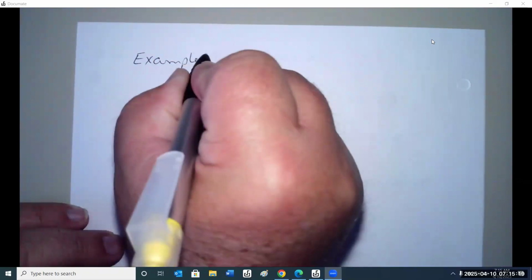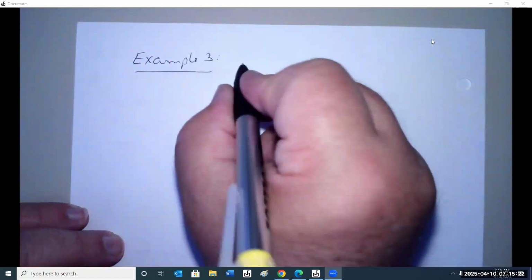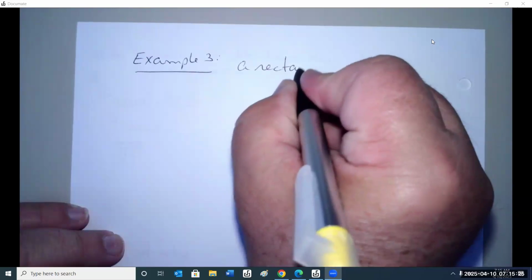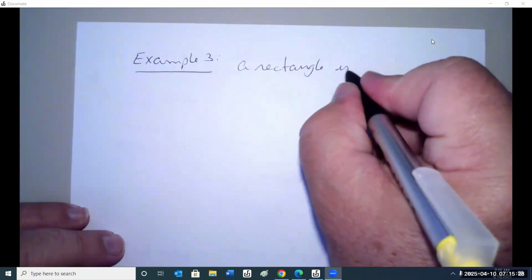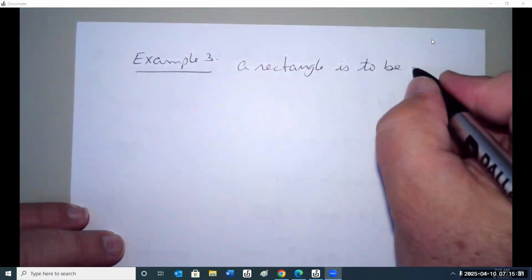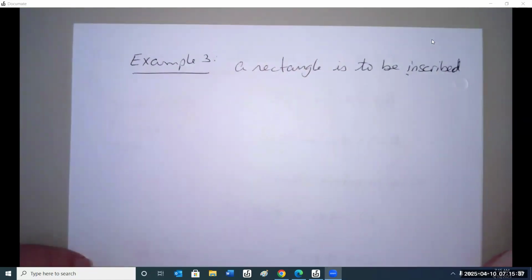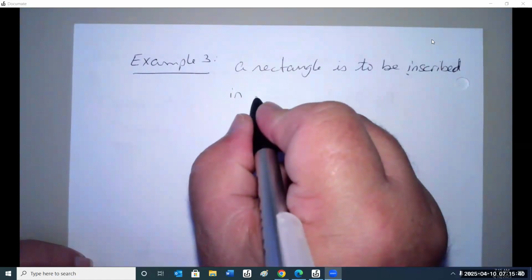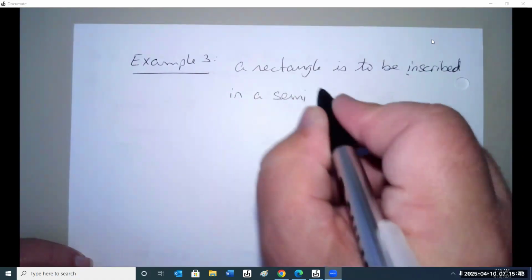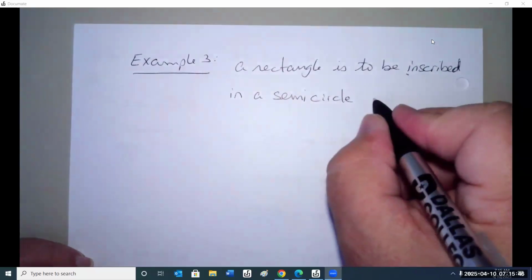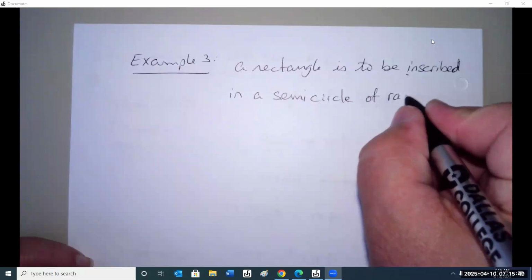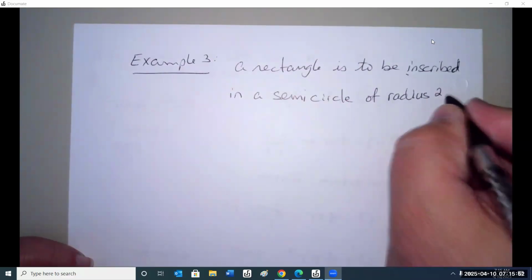The next example. Example 3. A rectangle is to be inscribed in a semicircle of radius 2.